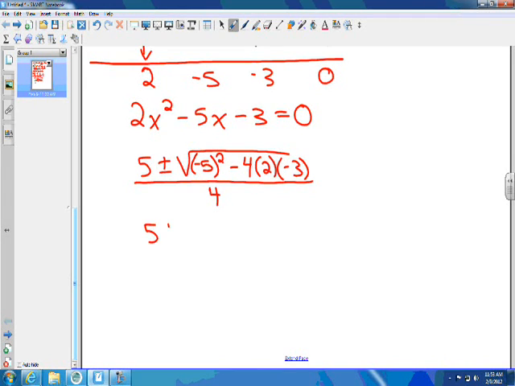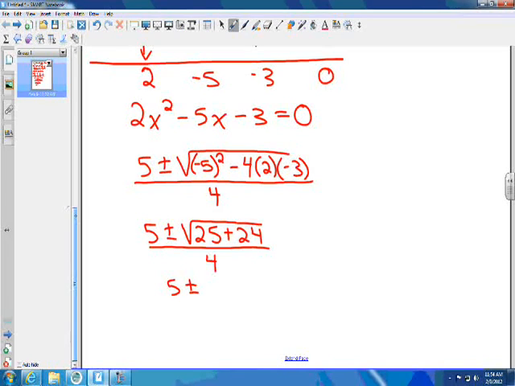So we have 5 plus or minus. What's negative 5 squared? And those of you who got negative 25 are going to continue to be wrong on that. So then we take negative 4 times 2 times negative 3. Your calculator says positive 24, so you put a plus. 24 all over 4.